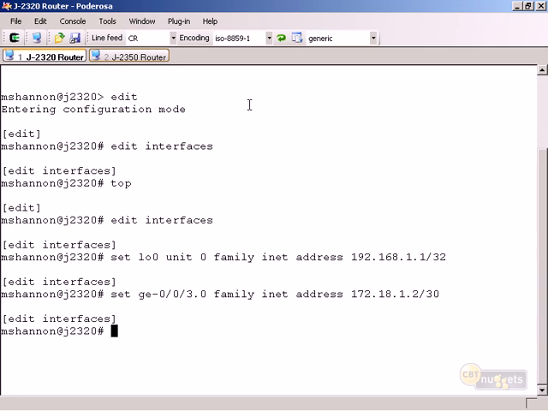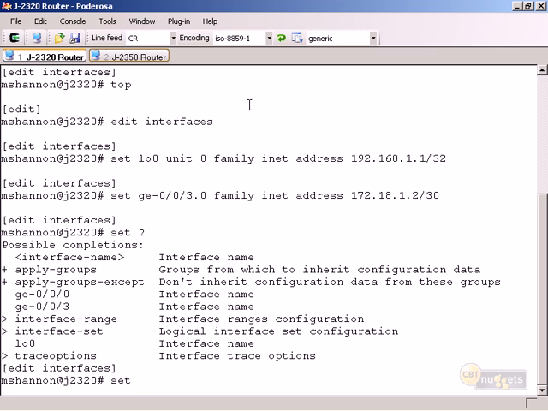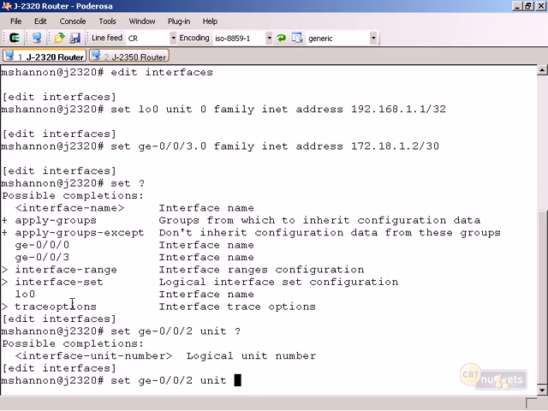Next, let's do that link over to 2350. Okay? So that's going to be setting gigabit. Oh, by the way, if you do set and a question mark, it'll give you a list of the interfaces that you can set. So we're going to set gig E 002 this time, and we'll just go ahead and do unit. And by the way, question mark tells you what number do we want? Logical unit number, okay?